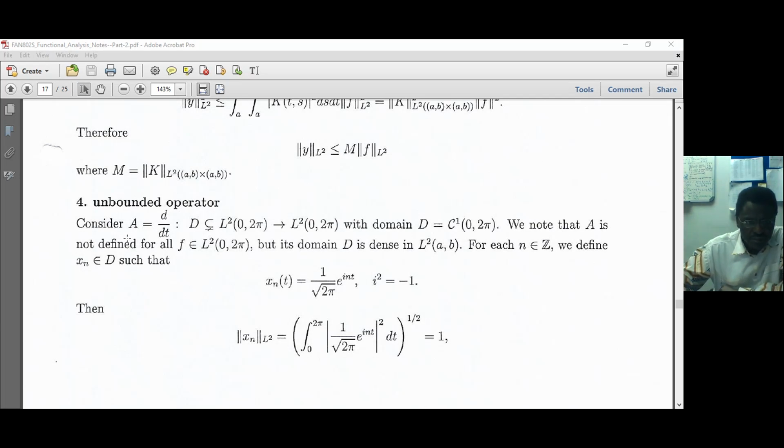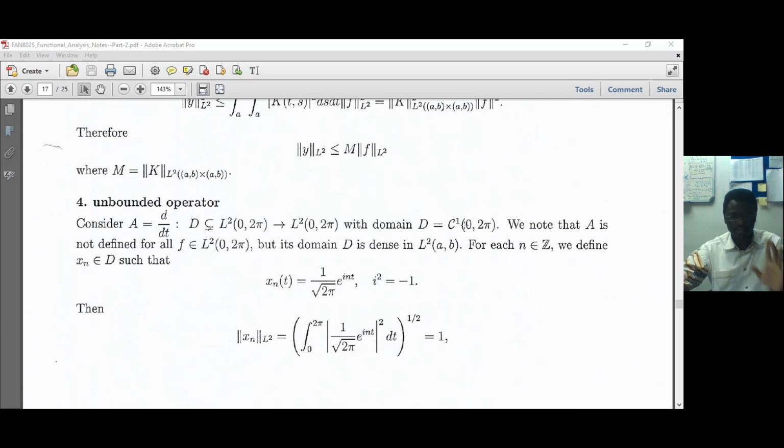Now, if you look at the derivative operator, we take its domain to be strictly included in L2 of the open interval 0 to pi, into itself. And we take our domain to be C1, the set of C1 functions over the open interval 0 to pi. What does that mean, C1? It means continuous functions that are continuously differentiable.